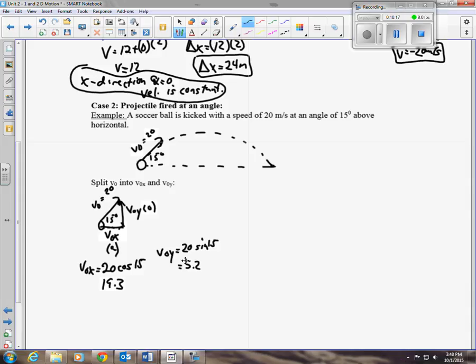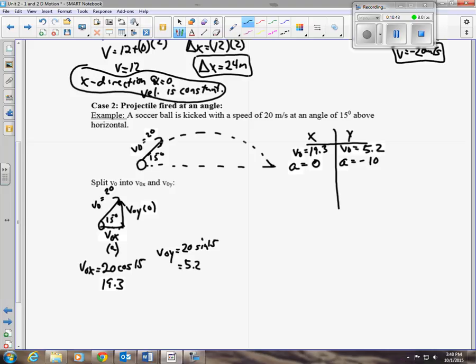Now, I can make up my X and Y chart. And I now know that the V0 for the X was 19.3. And for the Y, the V0 was 5.2. We always know the accelerations. Gravity is working in the Y direction, and the acceleration in the X direction is 0. Now again, I need one more variable.